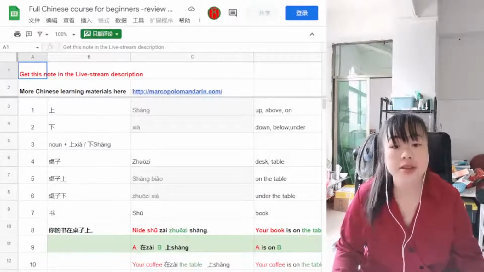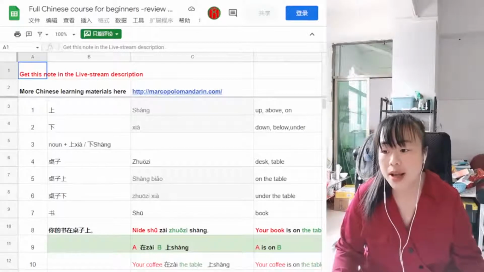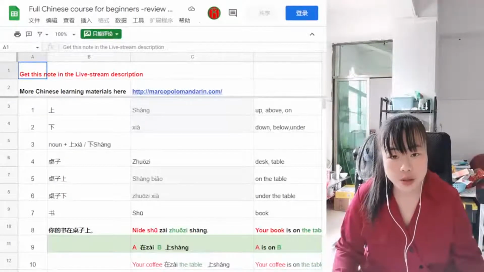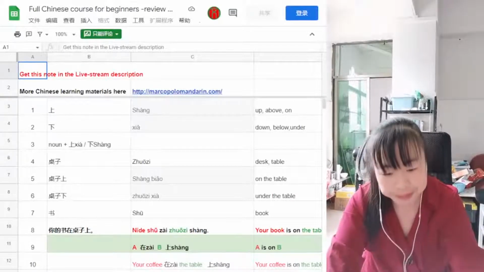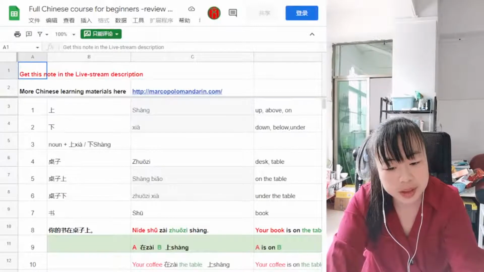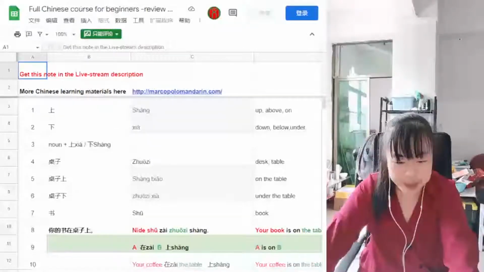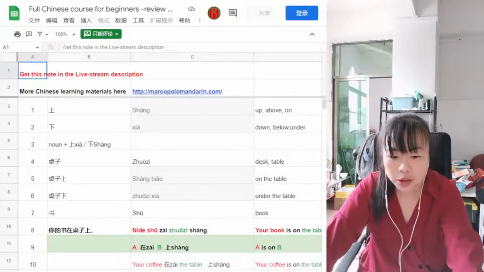What's the difference? The same as before. Let's do them one by one. First, 东西南北.